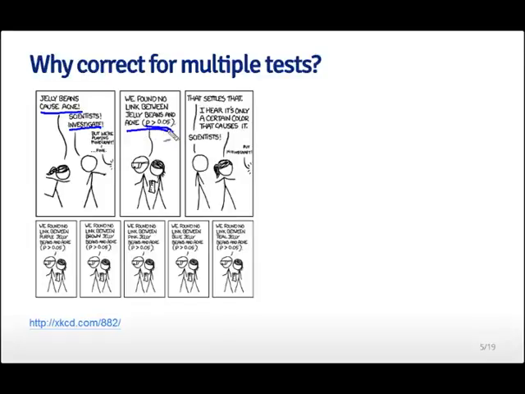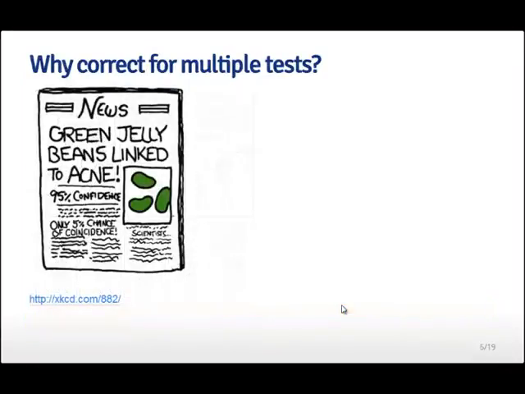The next thing that they might do is test all the different colors of jelly beans individually. Say, is there a relationship between purple jelly beans and acne, brown jelly beans and acne, and so forth? And in each case, they get a p-value greater than 0.05, so they don't report a significant result. Until finally, after they test over 20 different kinds of jelly beans, they come up with one that is significantly associated with acne, green jelly beans.